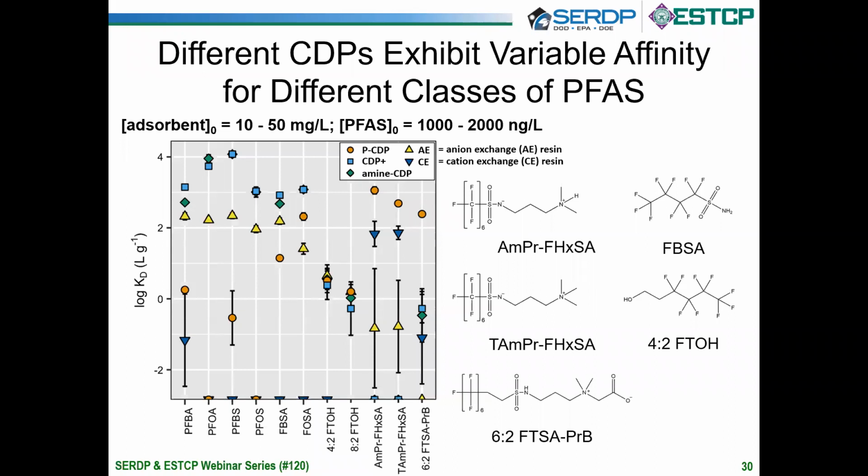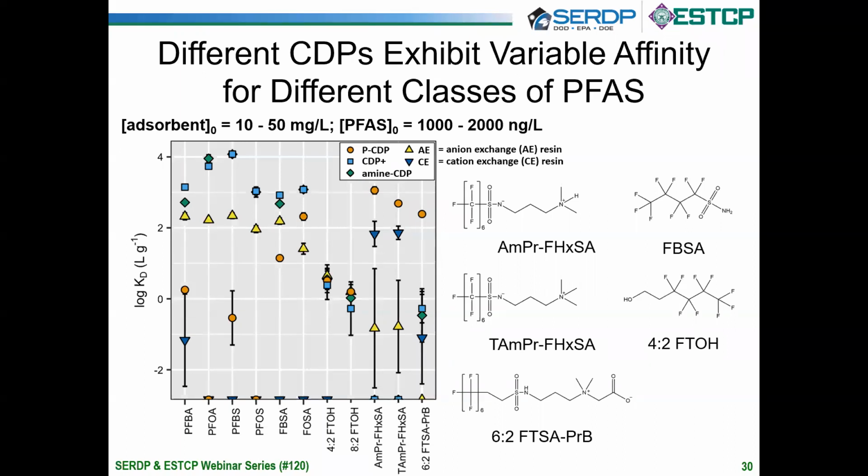And in this study, we took 3 cyclodextrin polymers, P-CDP and amine CDP, along with a new derivative that incorporates a positive surface charge in a new way that we call CDP+. And we benchmarked their performance against an anion exchange resin and a cation exchange resin under identical experimental conditions.